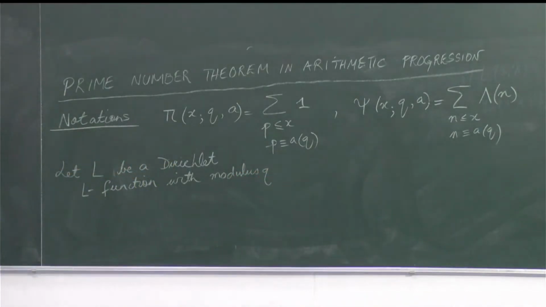So the case q equal to 1 is the Riemann zeta function. And a and q should be co-prime.